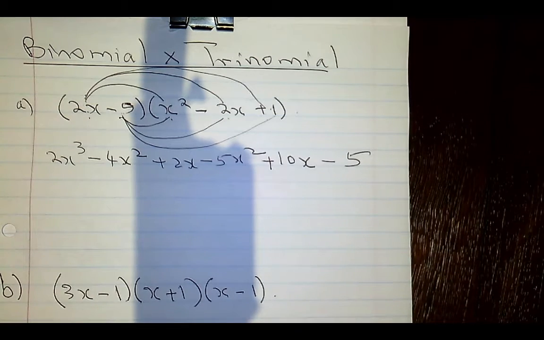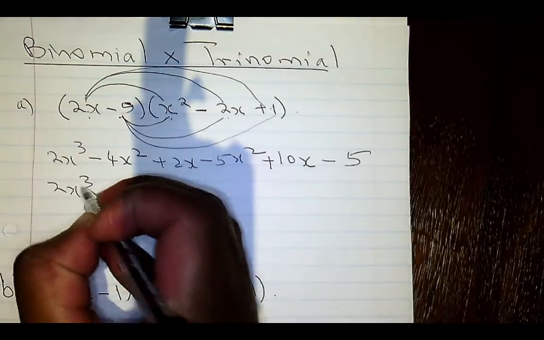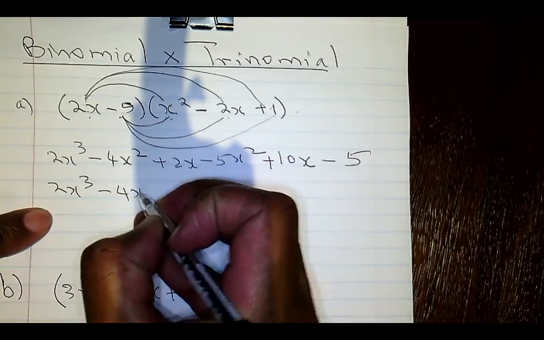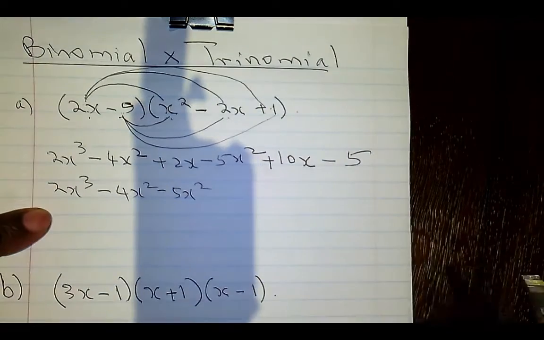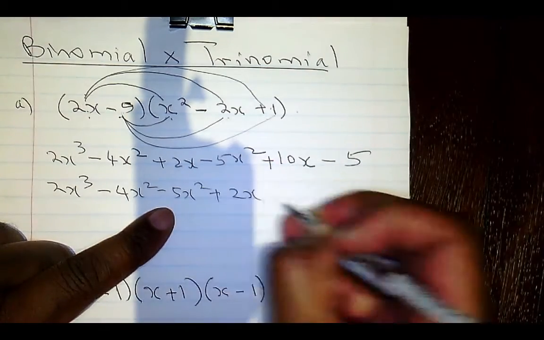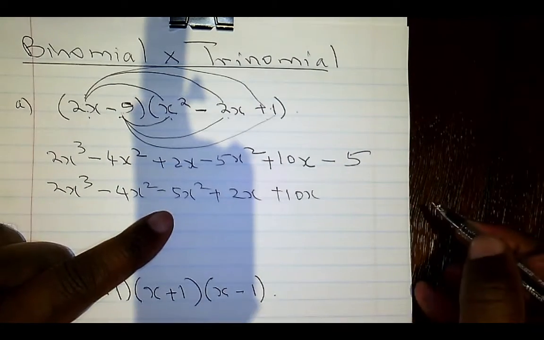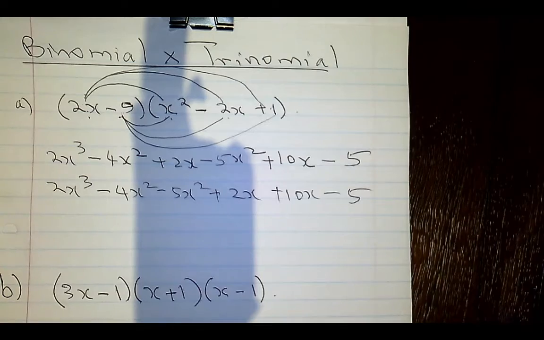Any like terms? Yes. So 2x cubed is on its own. Minus 4x squared and minus 5x squared are like terms. I'll group them together. Then plus 2x and plus 10x are also like terms, so I'll group them together. Then the minus 5 is on its own. Then we can simplify.